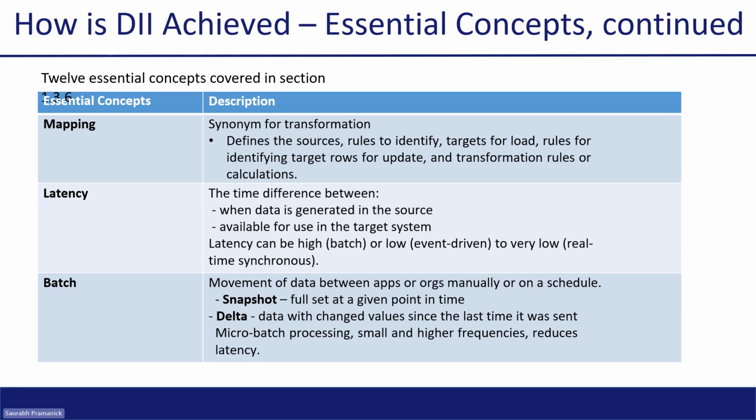But if you take event-driven architectures or synchronous real-time applications, then I want to remove the latency. In fact, the latency for streaming architectures is as low as microseconds and milliseconds. For example, take an autonomous self-driving car, right?